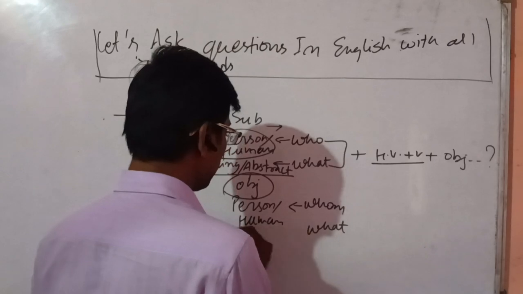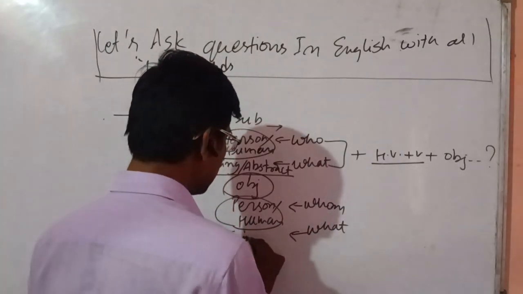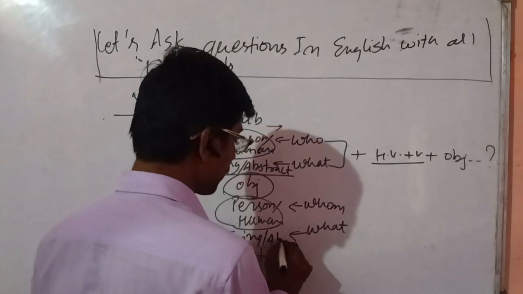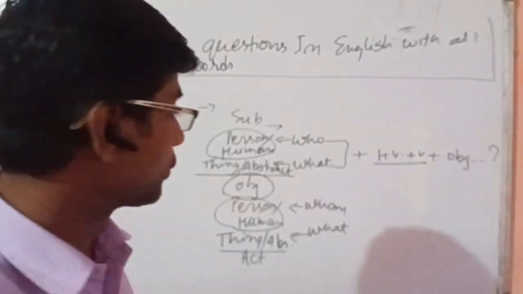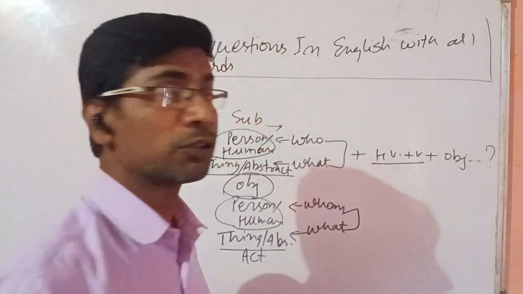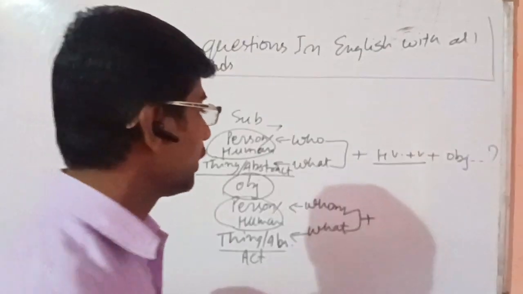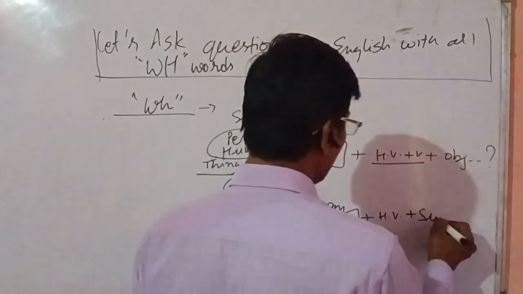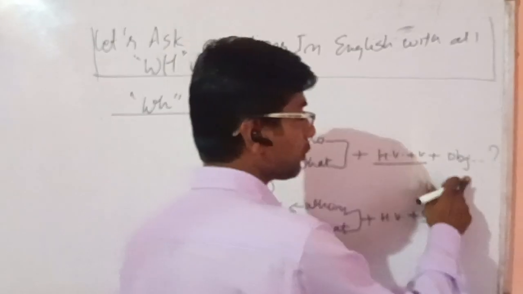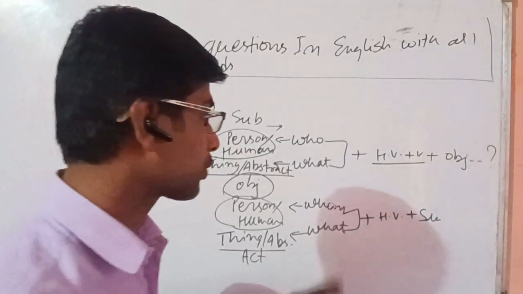On the other hand, what is used to ask a question on a thing or abstract. Because we are asking a question on the object this time, there will always be a subject. When we asked about the subject, the object was present.